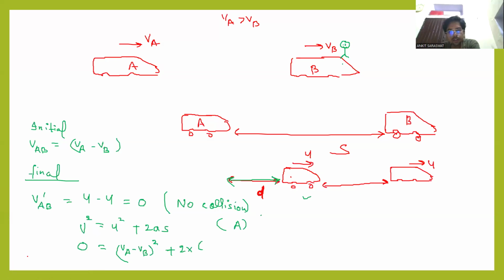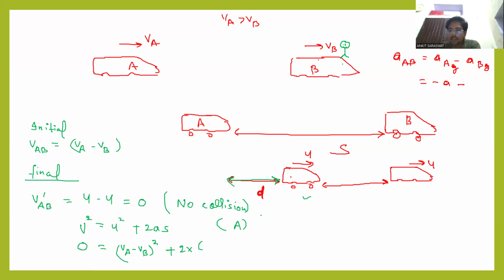You can check the acceleration of car A with respect to car B. It is AA minus AB, with respect to ground. So it is minus A. Car B is moving with a constant velocity because we are not applying any brake.